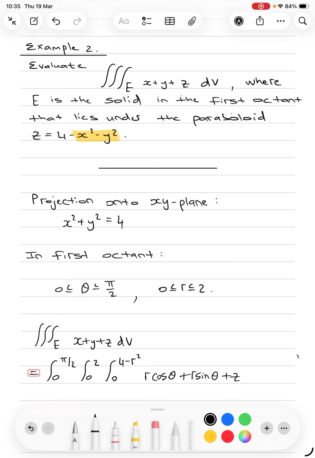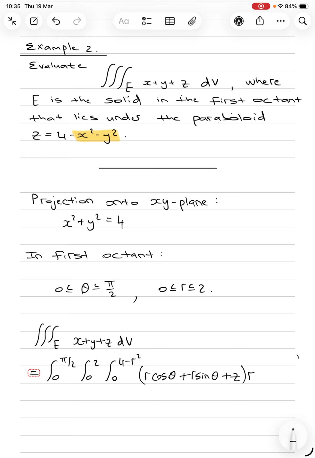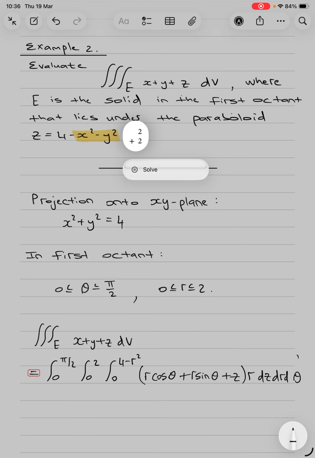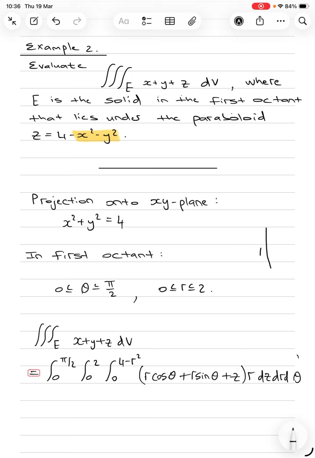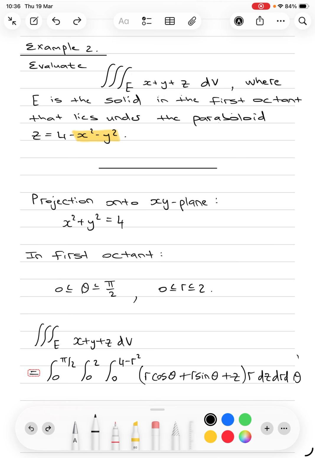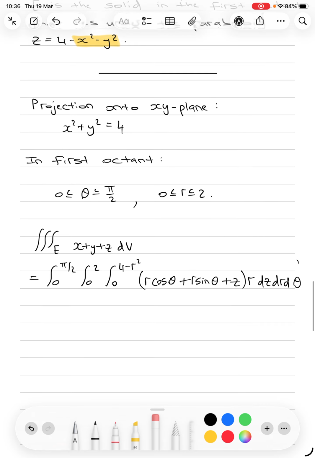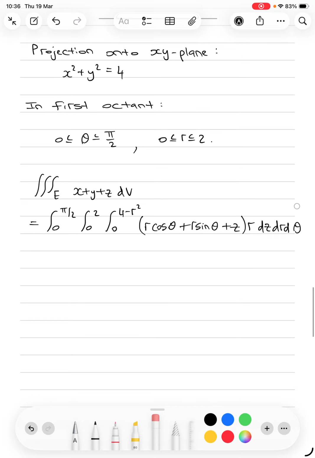And then do not forget about the r that forms part of the formula. And that means the hard part is done, hopefully. We can integrate this without too much trouble.